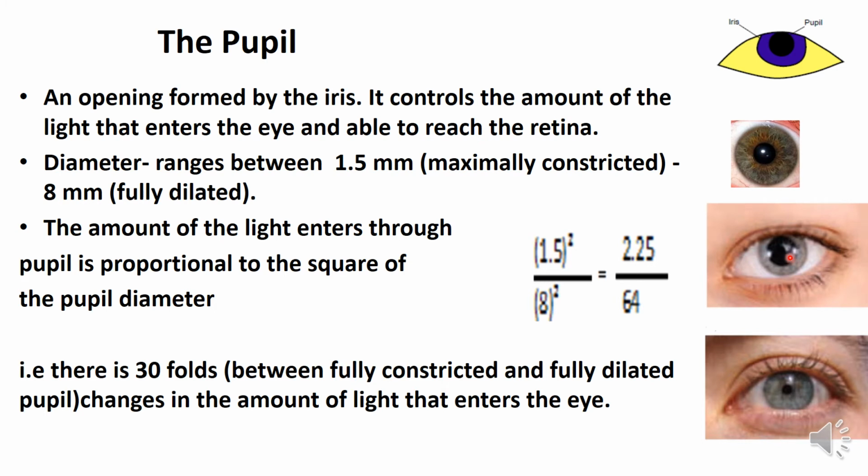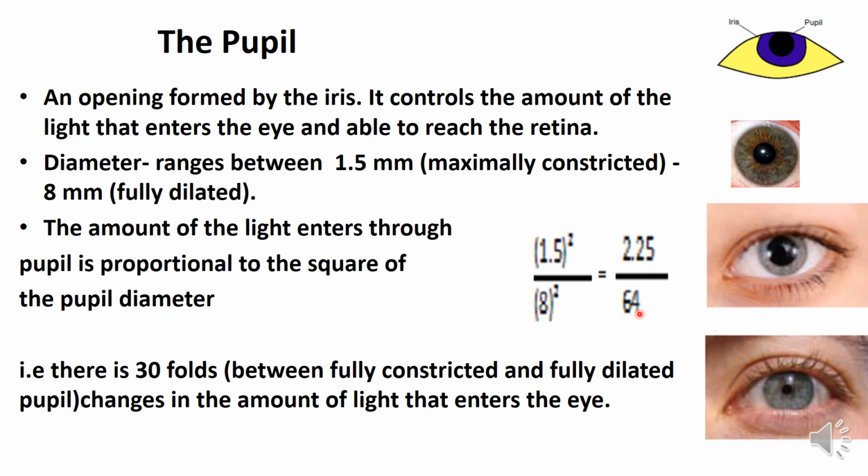So let us see how much the light entering the eye when the pupil is maximally dilated compares to when it is maximally constricted. So 1.5 squared and 8 squared. This is maximally constricted, this is maximally dilated. And this gives you 2.25 over 64.